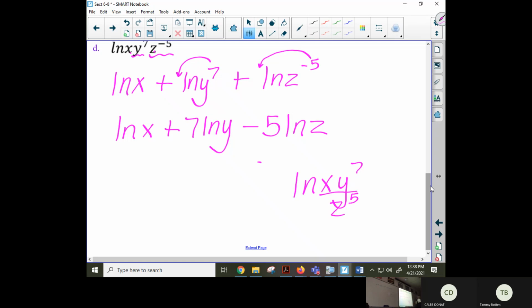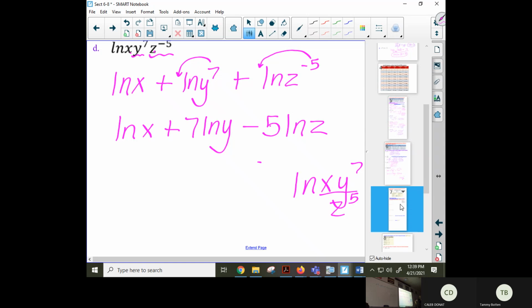It would become positive when it goes on the bottom. Okay? So then this would be the natural log of x plus 7 natural log of y minus, because it's on the bottom, 5 natural log of z. Either one of those are acceptable. Yes, because you get the same answer. That's a good question. All right.